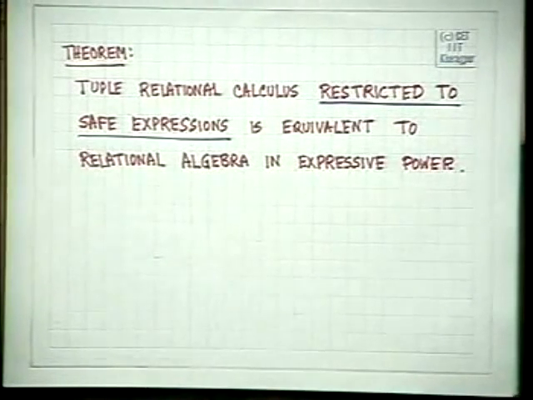It also means that any relational algebra expression can be written as a safe tuple relational calculus expression. This is true even for domain relational calculus. There again safe expressions are equivalent to relational algebra in expressive power.